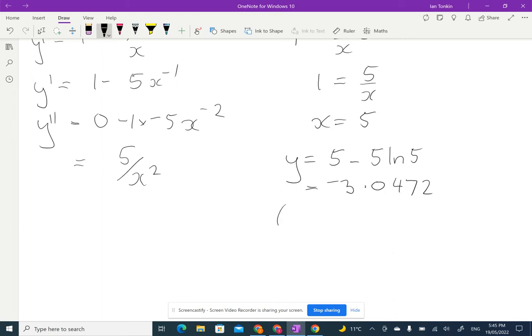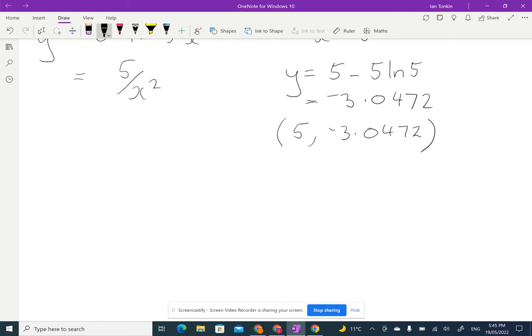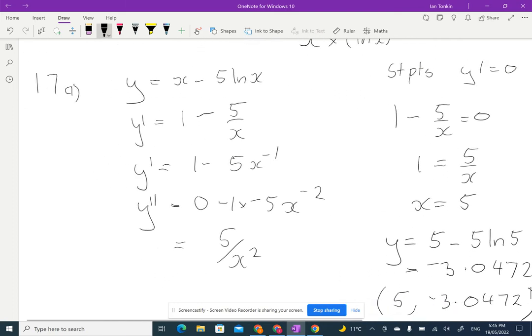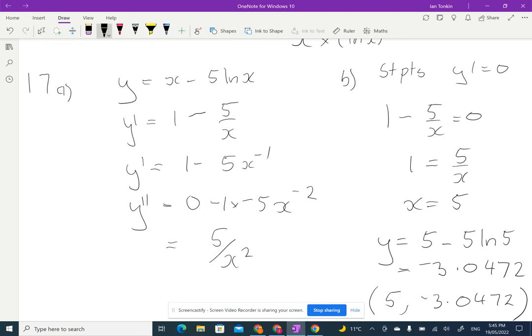Now, so we've got this coordinate 5 and minus 3.0472. And what does y double dash equal? Well, y double dash equals 5 on 5 squared, which is 5 on 25, or a fifth, which is greater than 0. Therefore, a minimum turning point. Now, so that's 17a and b, so we differentiated and we found the stationary points.